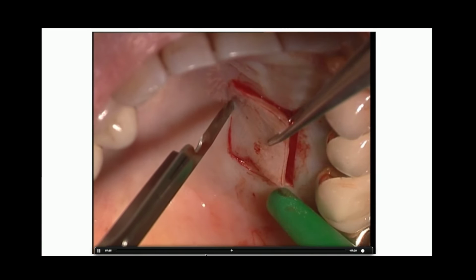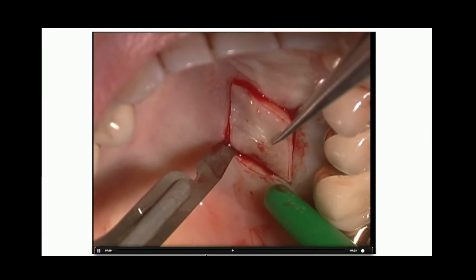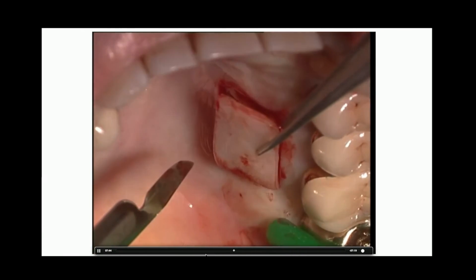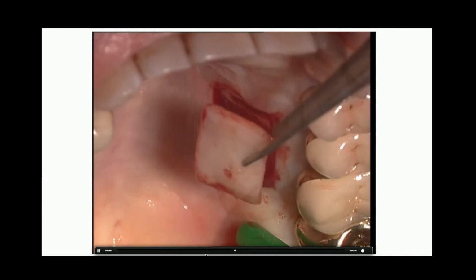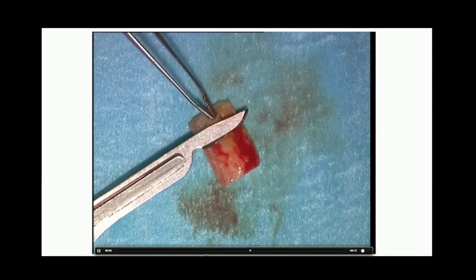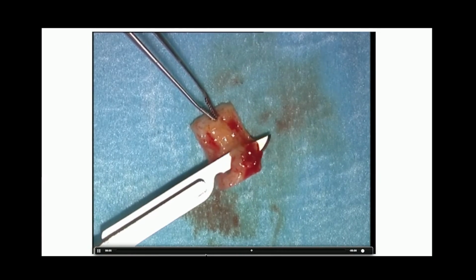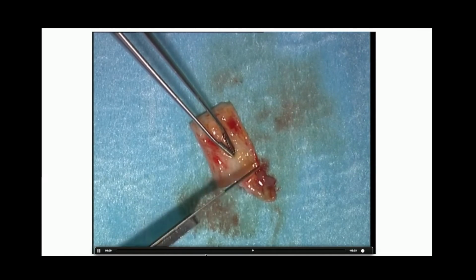And as you can see, only at the end, when the graft is completely lifted, do we make the final apical incision that connects the two vertical incisions at the apical portion to detach the free gingival graft from the palate. On the inner side of the free gingival graft, I remove the fatty tissue because, once again, I want to have dense collagen tissue on the inside, which is stable.